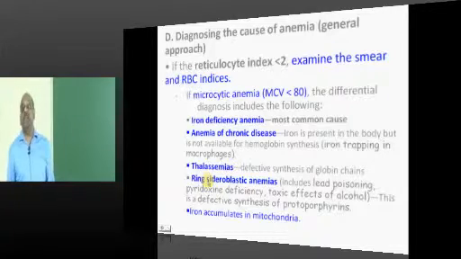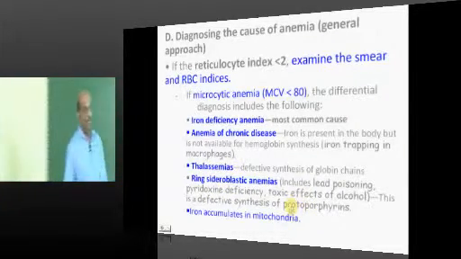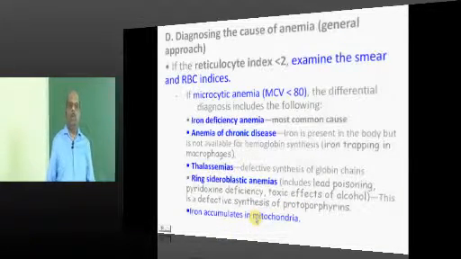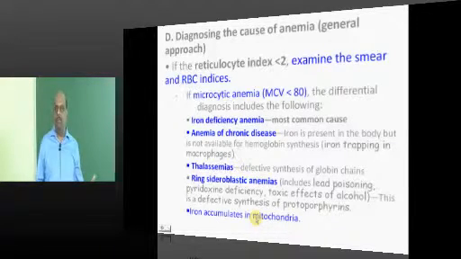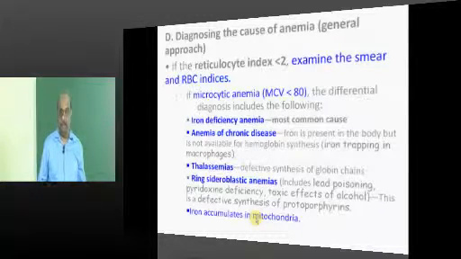What is the problem in sideroblastic anemia? Fundamentally, how is hemoglobin formed? There is a heme and globin chains. Heme is fundamentally a porphyrin.